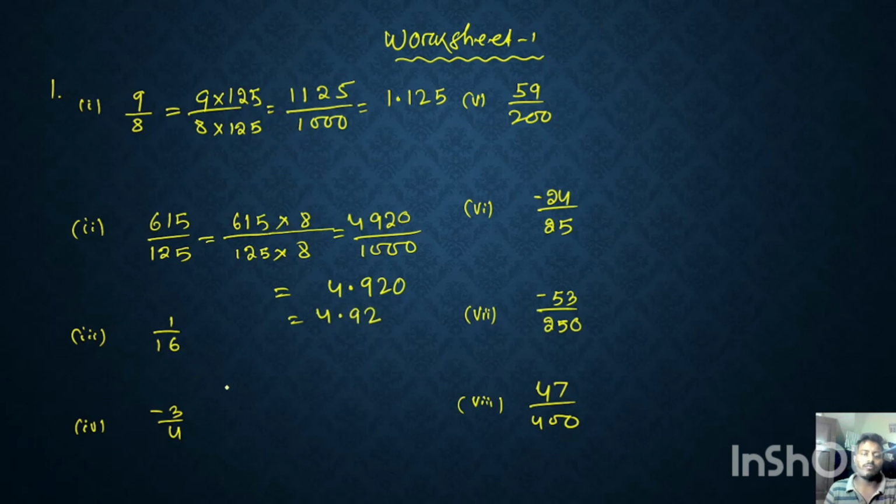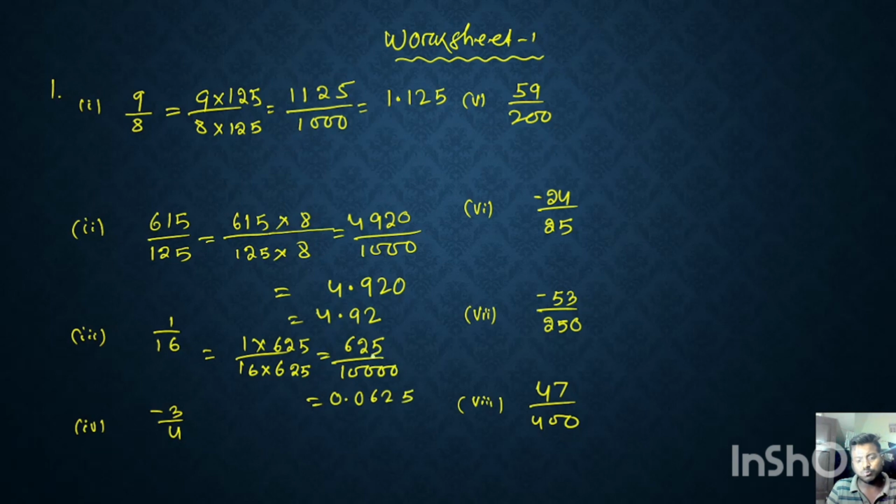Okay. Now 1 by 16, so 1 into 1 is 16 into, so 16 combination is 625, so we multiply both sides 625, so answer is 625 divided by 10,000. Now 0.0625.